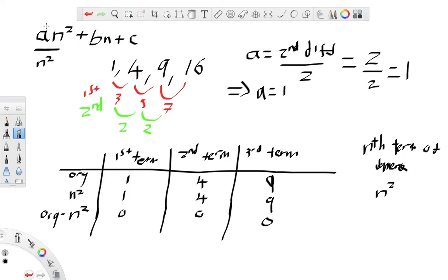So we worked out the values of a, and then b and c from this little table are both 0. So the nth term is just n squared. And we're going to look at some more examples so that we can really solidify this method, and then we know how to work out the nth term for several sequences.